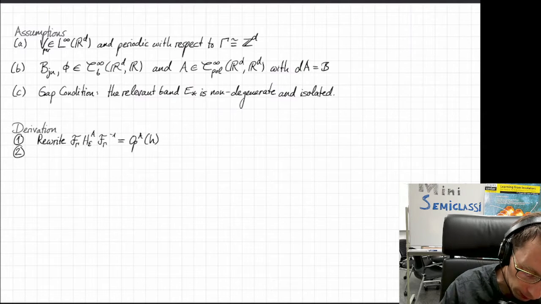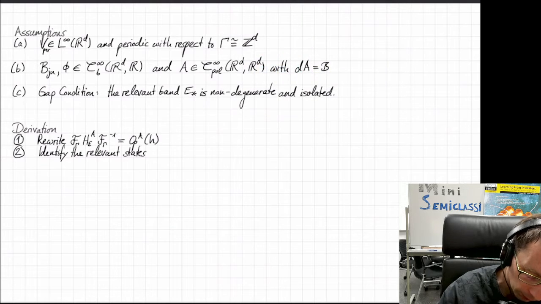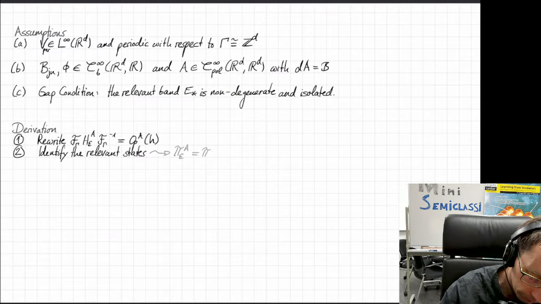Then in a second step, we have to identify the relevant states. So just to make this precise, this essentially means we're going to explain what this projection pi epsilon is, and in what sense we can say that it is associated with the band E star.